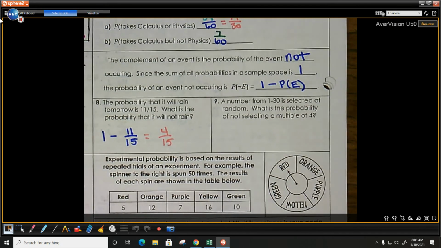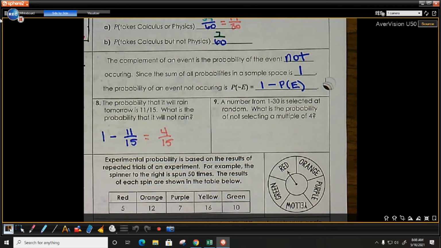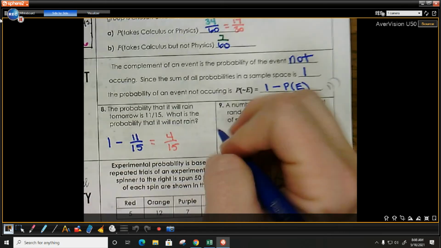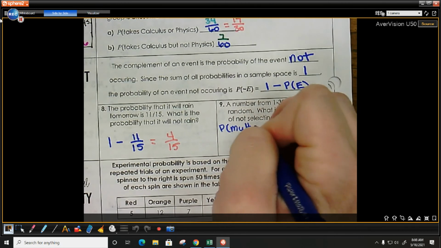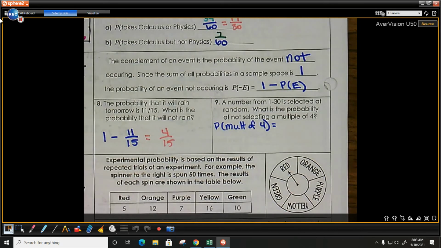A number from 1 to 30 is selected at random. What is the probability of not selecting a multiple of 4? So let's first find the probability of a multiple of 4. So let's think. Multiples of 4 less than 30: 4, 8, 12, 16, 20, 24, 28. So that's how many? 7.